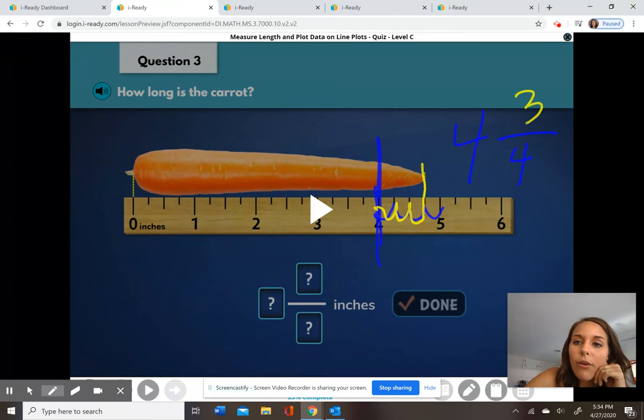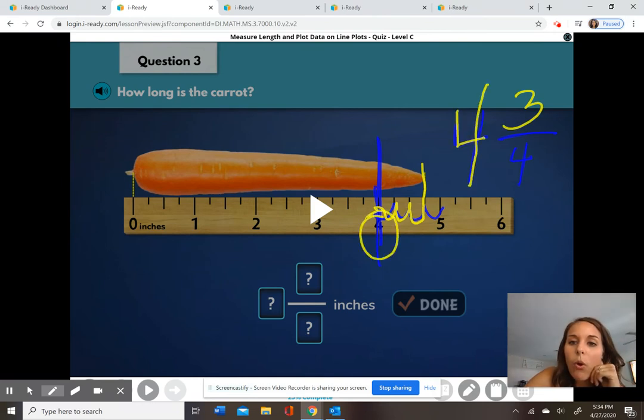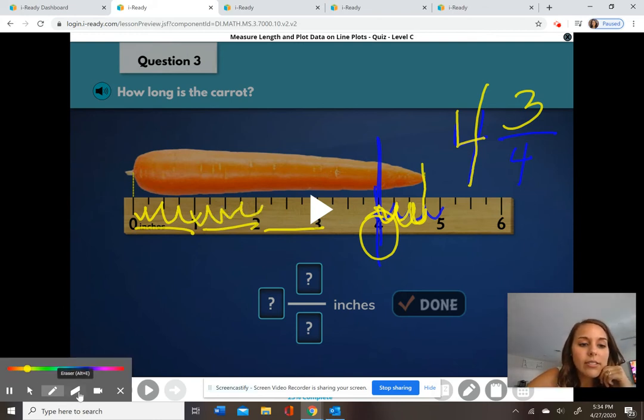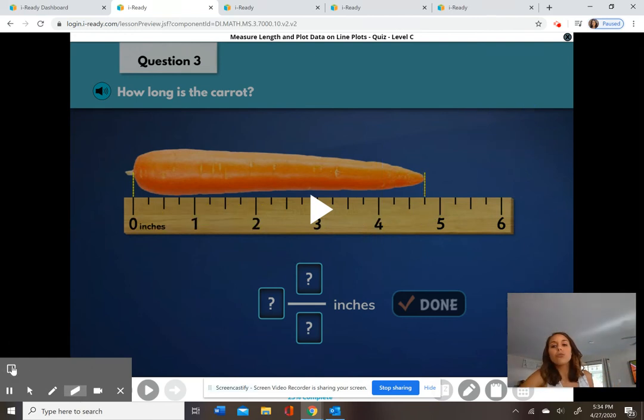So I've gone 4 wholes because that's my big number, and then I've traveled another 3 out of 4. And I know it's fourths because that's what these are broken into. Fourths each time. 1, 2, 3, 4. So that's an easy way to check to see what your bottom number should be. Is it fifths? Is it sixths? Usually for third grade standards, we are doing fourths, sometimes halves.